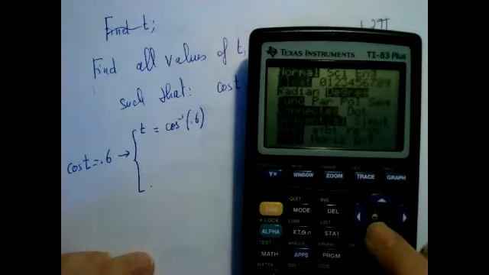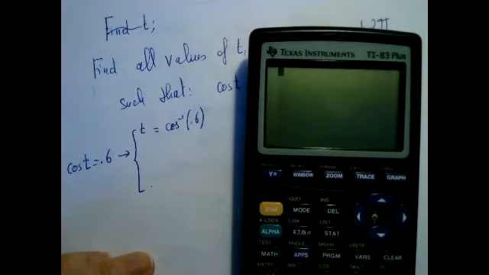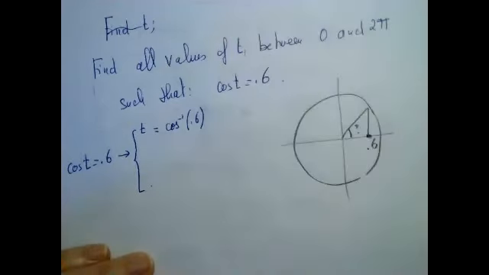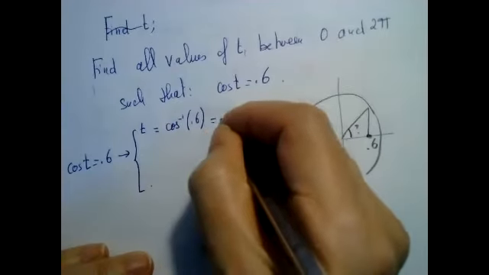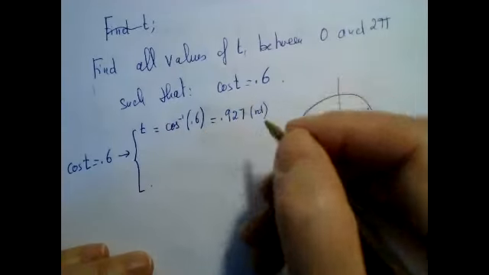So I'll put it in radian mode, and then I want the cosine inverse of 0.6. So cosine inverse of 0.6 means 0.927. And now the unit is radian.